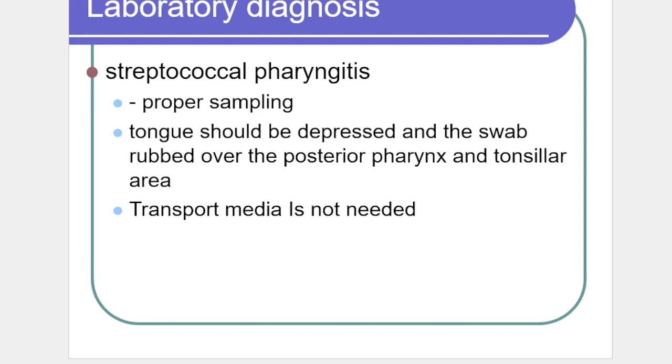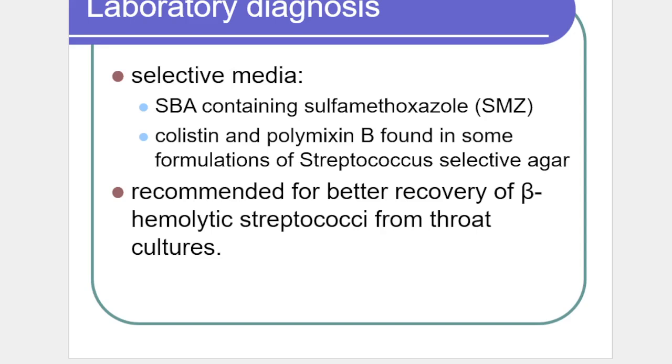The swab is not taken from the tongue, but the opening should be in the mouth or the oral cavity, and the swab is rubbed over the posterior pharynx or the tonsillar area. Okay? So, not the nose. The opening is the mouth, in the pharynx or tonsillar area. And transport media is not needed here.